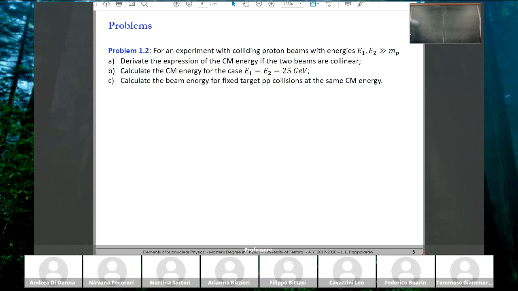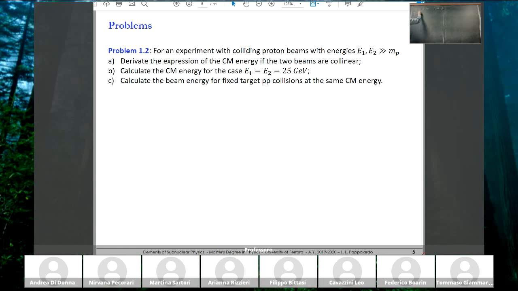Okay, so let's write down the expression of the four momenta of the two colliding particles. So P1 is E1 and p1, we work in natural units, so we put c equal 1, okay? And P2 is E2 and p2, the momentum of particle 2. Now we have all the ingredients to calculate the Mandelstam variable s.